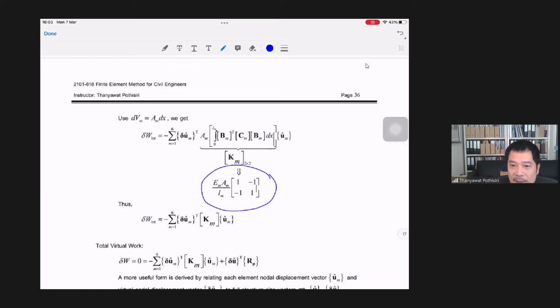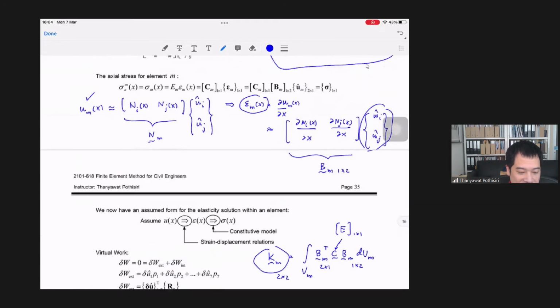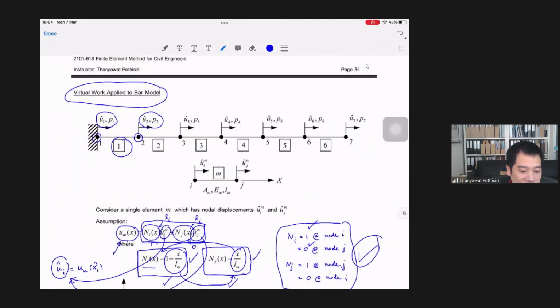And once you are able to obtain the element stiffness matrix, then you may want to write the stiffness equation for the entire structure. In doing so, you must somehow be able to match between the nodal displacements of the elements and the nodal displacements of the structure. As you can see, for the entire structure you have a total of 7 degrees of freedom.